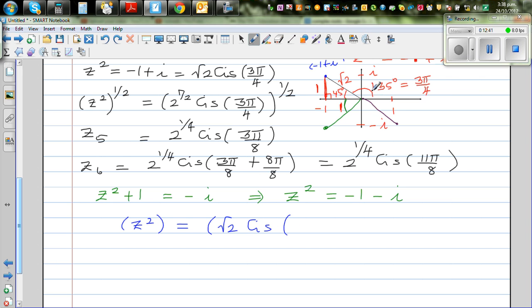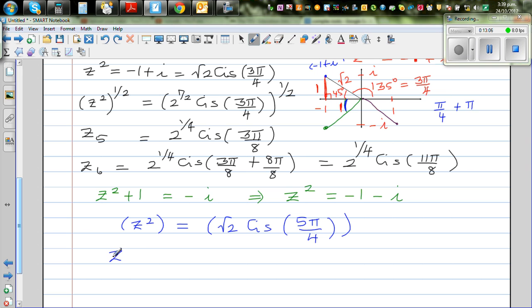This angle is pi by 4, and this is pi, so pi by 4 plus pi, which is 5 pi by 4.